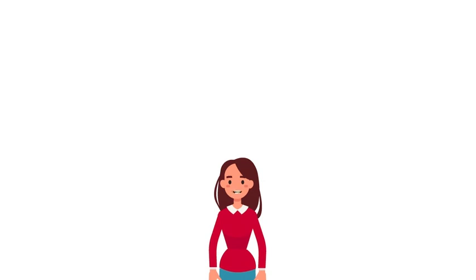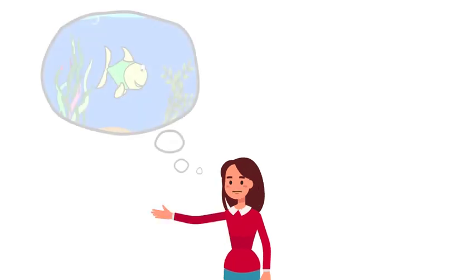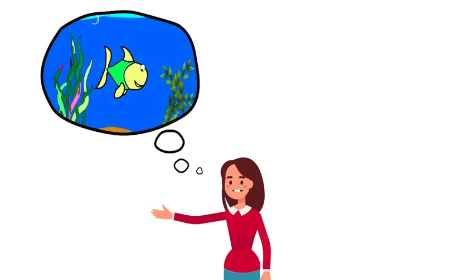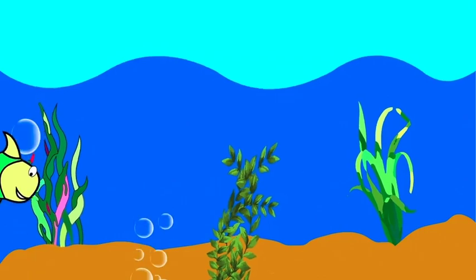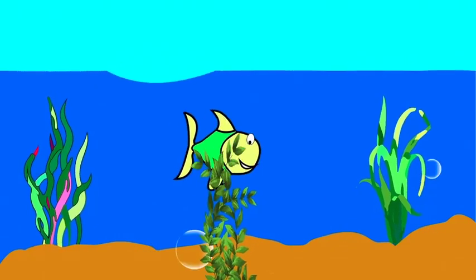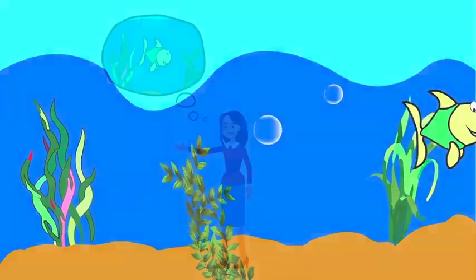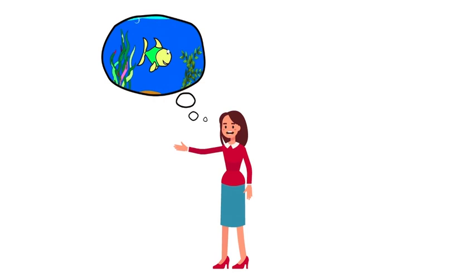We are ready to begin. Today, we will learn how to add more information to a sentence. But first, we need an idea, something to write about. Let's watch this idea about a fish. Wow, that was fun!